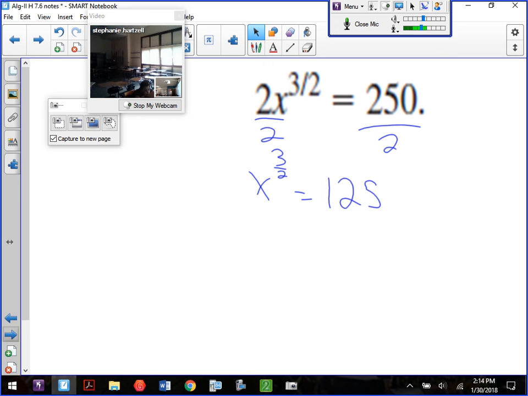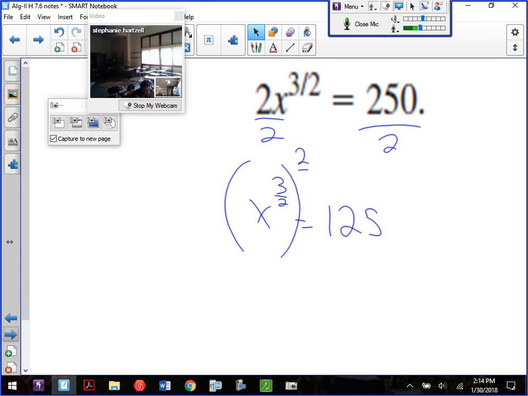You raise it to the 2/3. Remember, if I raise this to the 2/3 power, power to power means I would multiply, which gives me a factor of 1. So I raise both sides to the 2/3. Now, when you get to 125 to the 2/3, you can press buttons on your calculator, but remember, the denominator means it's the nth root. So what's the cube root of 125? What's 5 squared? There you go.